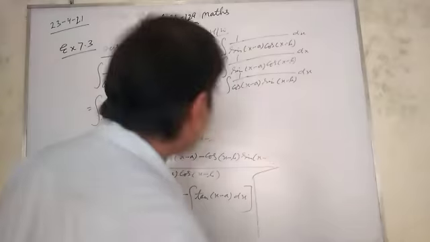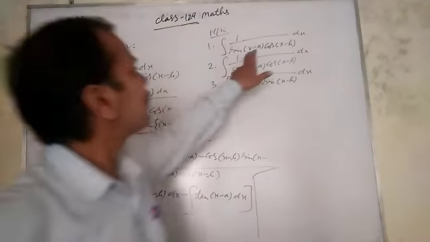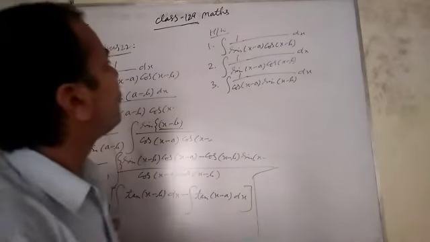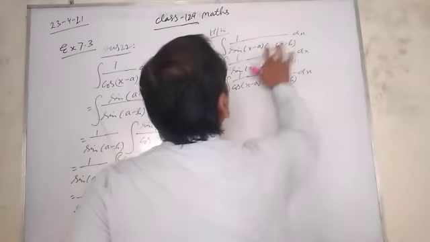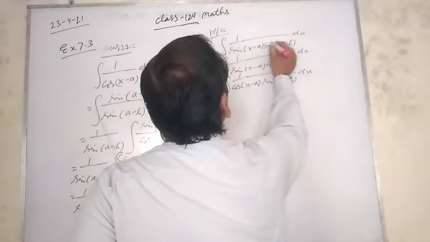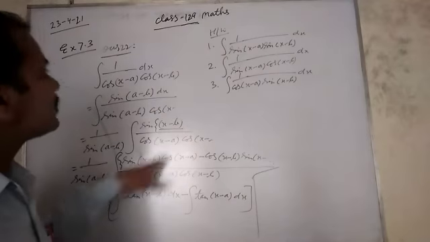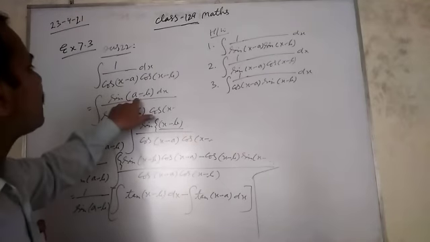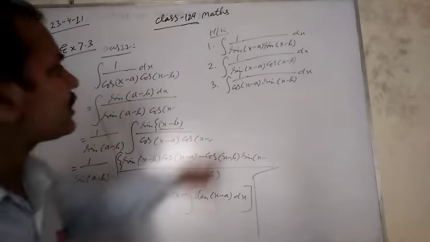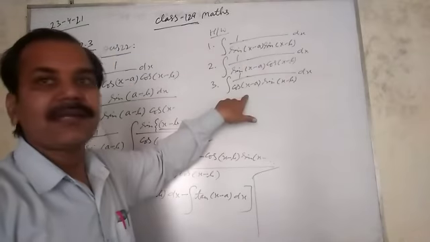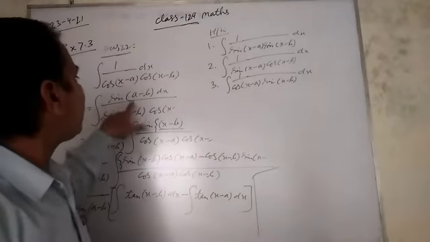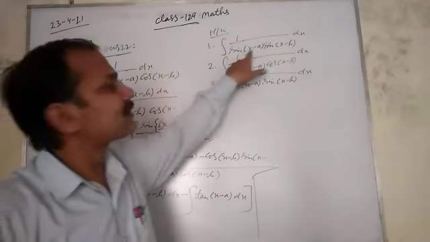What changes will be here: cos and sin. In that also the same rule will apply. In the first question, multiply and divide by sin(a minus b). But in the second and third we have to multiply and divide by cos(a minus b).